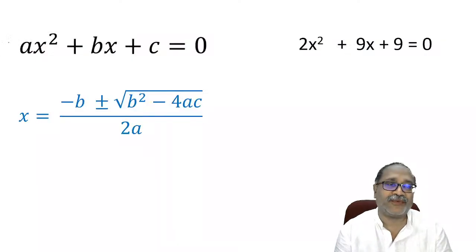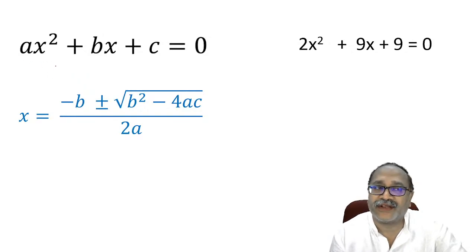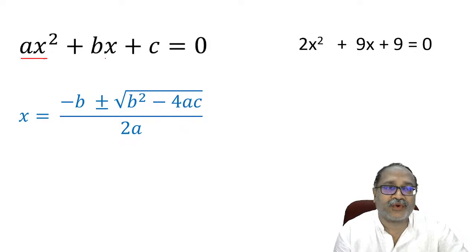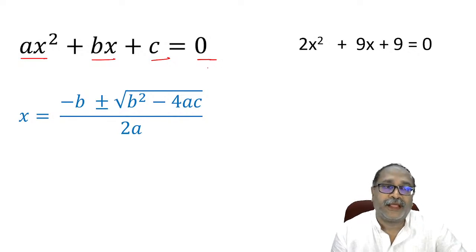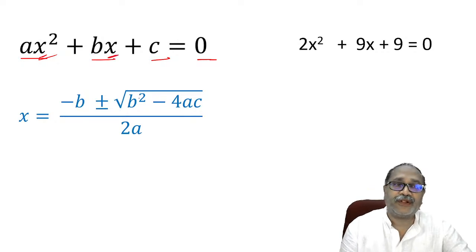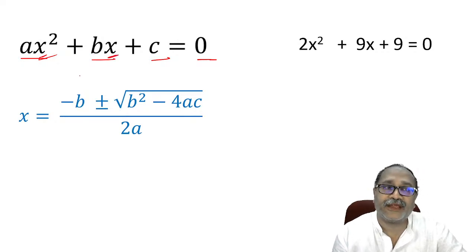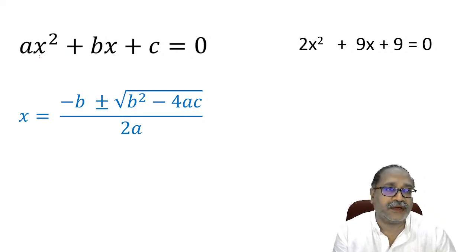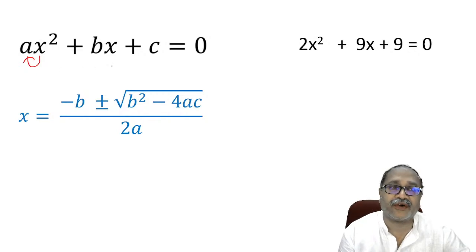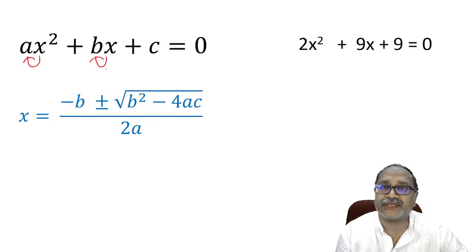Now, coming over here. So, what is the format of a quadratic equation? ax square plus bx plus c is equal to 0. So how do I get the x value? Here x is a variable. a is the coefficient of x square, and b is the coefficient of x.